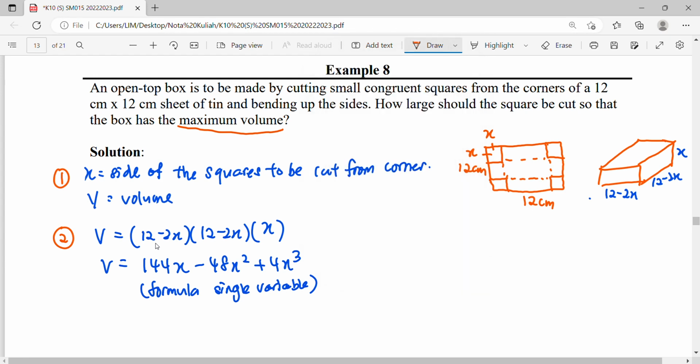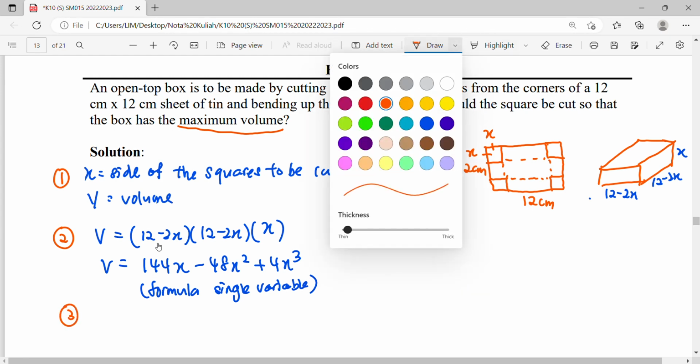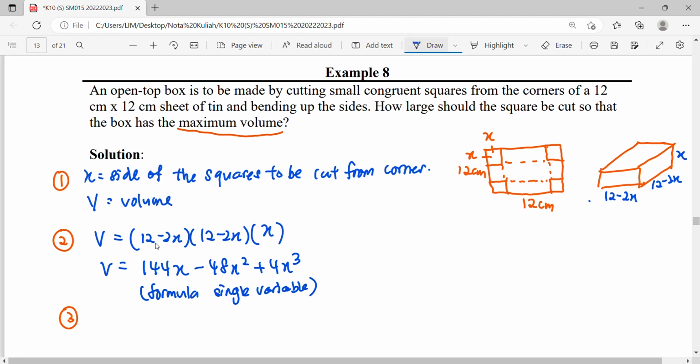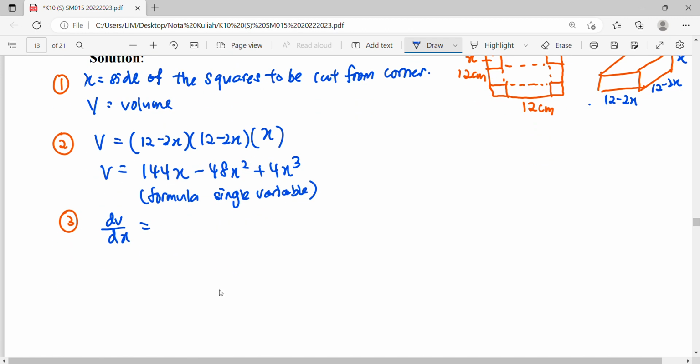Step number 3 is to start finding the critical number. So we differentiate, find the first derivative dV, differentiating V with respect to x. And then let this first derivative equal 0. So this is a quadratic equation. And we notice that this quadratic equation can be simplified.